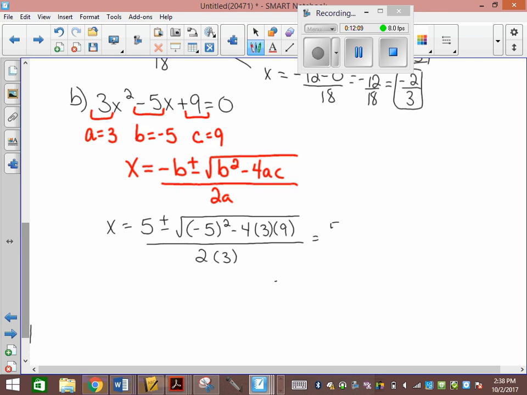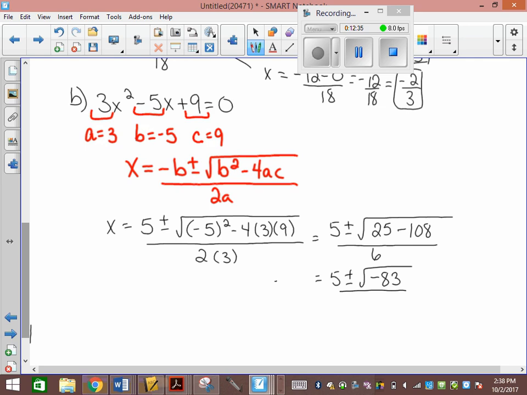So it's going to equal 5 plus or minus positive 25, because remember that needs to be in brackets. If you're telling me that's negative 25, it's not true. Negative 5 squared is negative 5 times negative 5. And then negative 4 times 3 times 9 is negative what? Over 6.